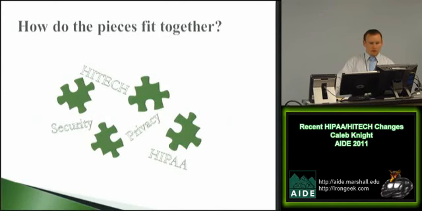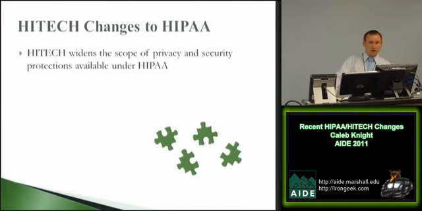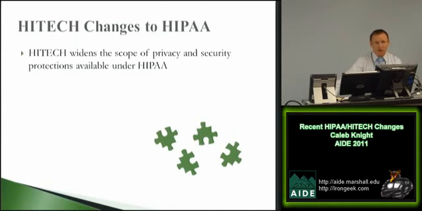So we're going to talk about how the individual pieces fit together and how HITECH actually changed HIPAA. The HITECH Act widens the scope of the privacy and security protections under HIPAA. Under HIPAA, the privacy and security rules applied only to covered entities, meaning hospitals, doctors, and whatnot, and then also to their business associates.